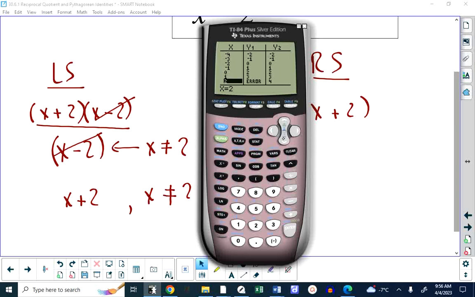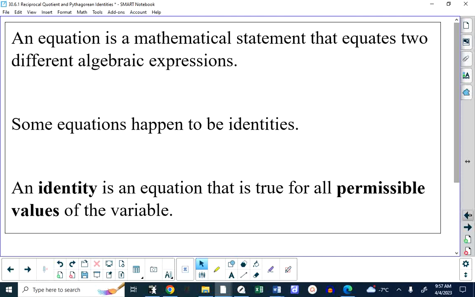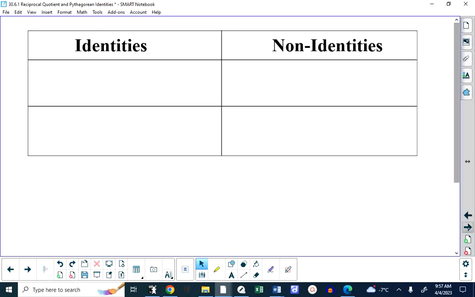They're not always equal, but they are equal where permissible values exist. And that's why in this definition of an identity, it says an identity is an equation that's true for permissible values of x. Just because it's not true for a non-permissible value doesn't make it not an identity. And we'll have more on that later.